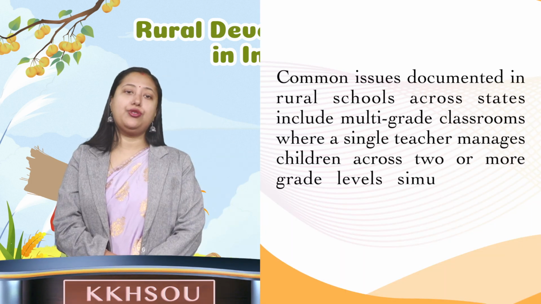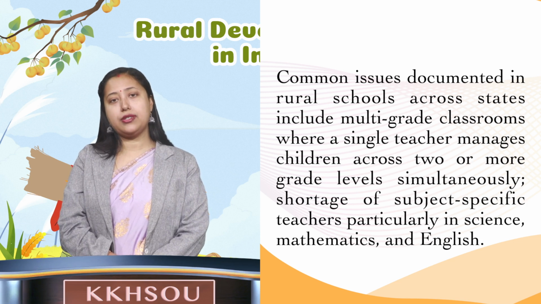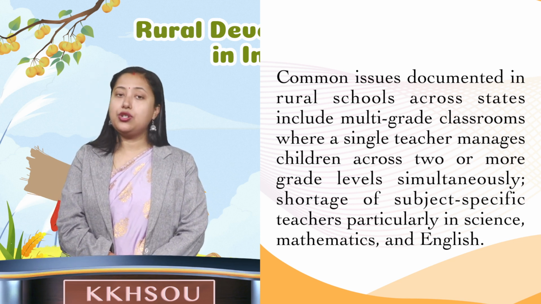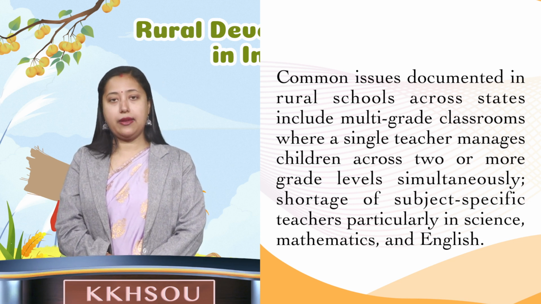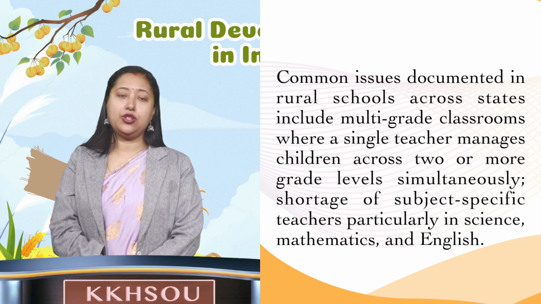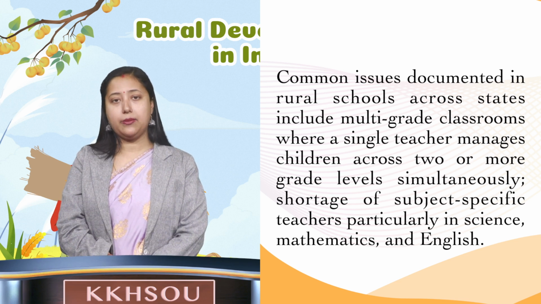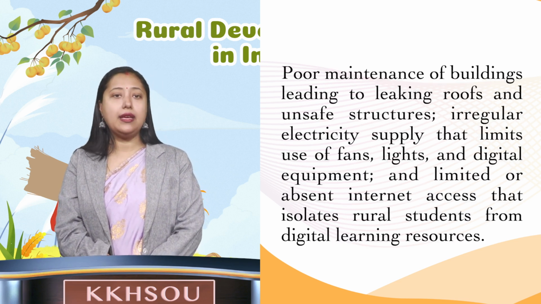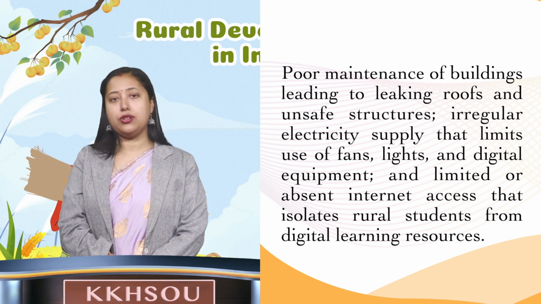Common issues documented in rural schools across states include multi-grade classrooms where a single teacher manages children across two or more grade levels. Simultaneously, there is a shortage of subject-specific teachers, particularly in science, mathematics, and English. Poor maintenance of buildings leads to leaking roofs and unsafe structures.